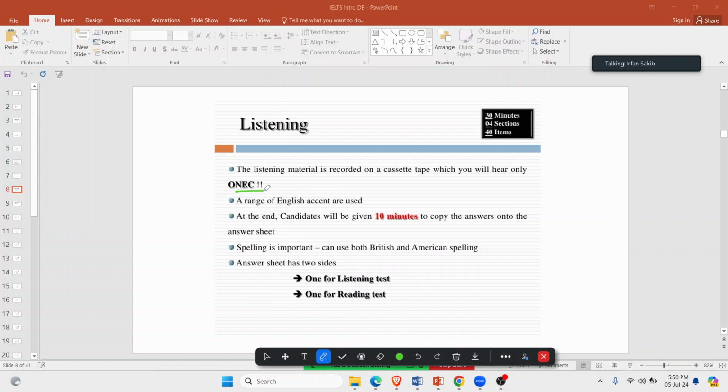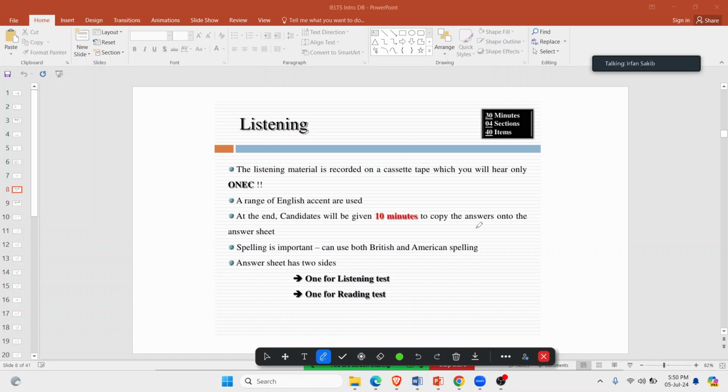In any kind of listening exam, you'll always hear the listening audio only once. A range of English accents is used. At the end, for the paper based, you will get 10 minutes to copy the answers, but not for the computer based. For the computer based, you'll just get 1 or 2 minutes extra after the 20 minutes of audio.